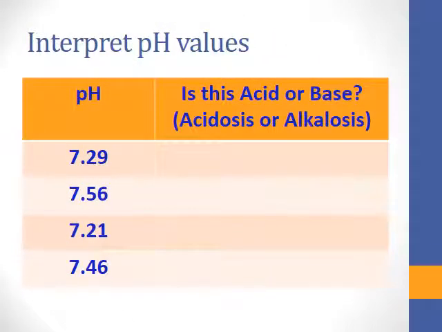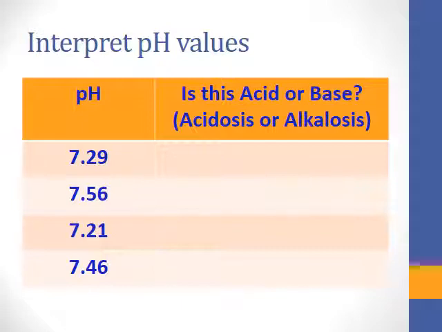So let's interpret these pH values. Look at these and try to decipher if they are an acid or a base. Remember that our perfect was 7.4. So our range is 7.35 to 7.45. So look at 7.29. Is that higher or lower? And if it's lower, would it be an acid or a base?